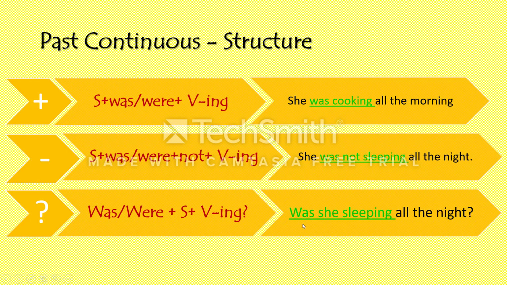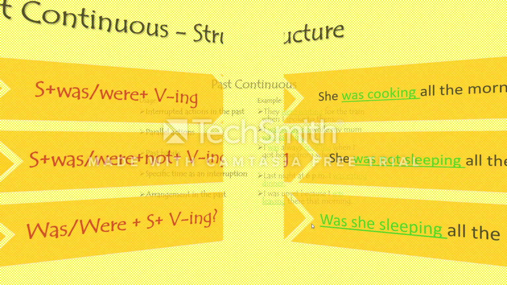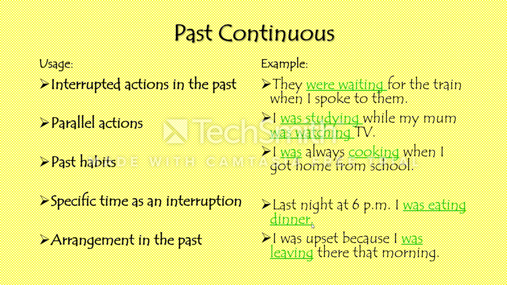So you can say was she sleeping all night or were you doing your homework yesterday, and so on and so on. Let's talk about the usage of past continuous. You use it to talk about interrupted actions in the past. Like in this example, they were waiting for the train when I spoke to them.